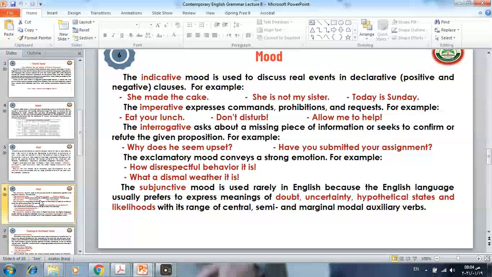For example, when we say, how disrespectful this behavior is, what dismal weather it is. So here it shows a strong emotion about the proposition made by the speaker.